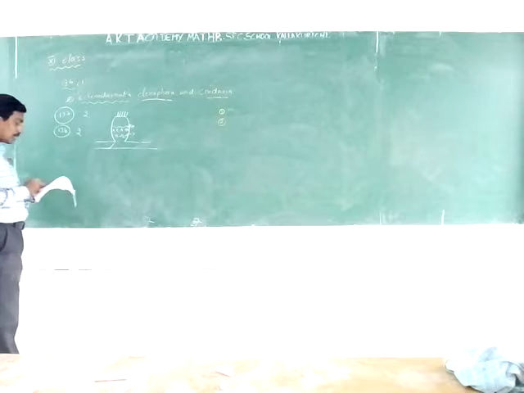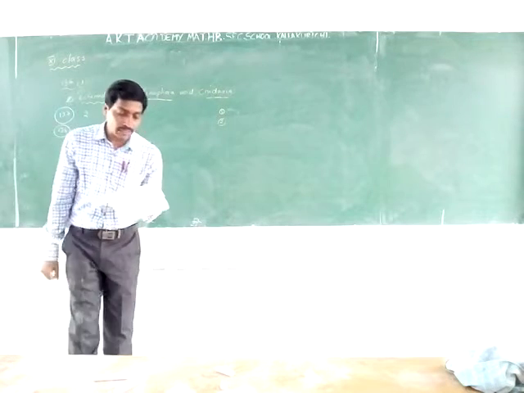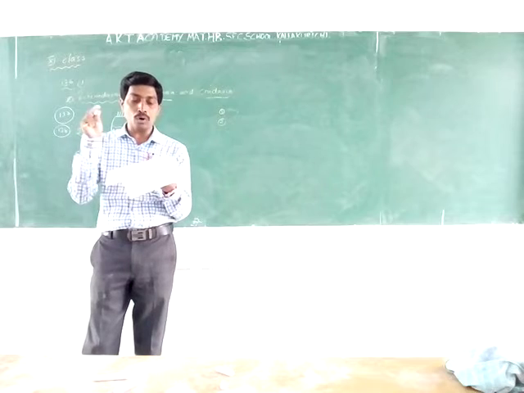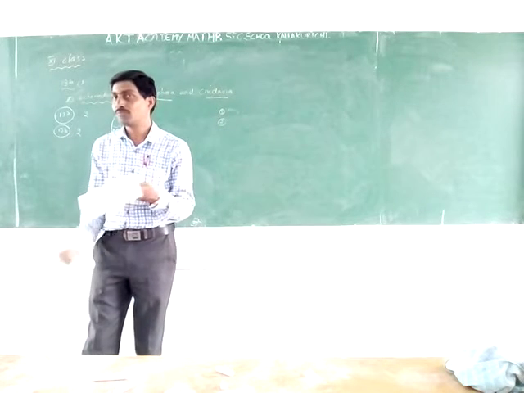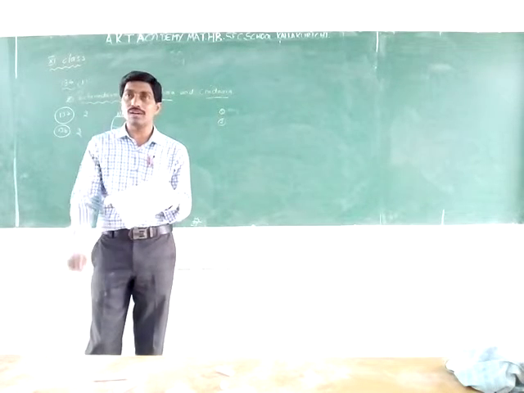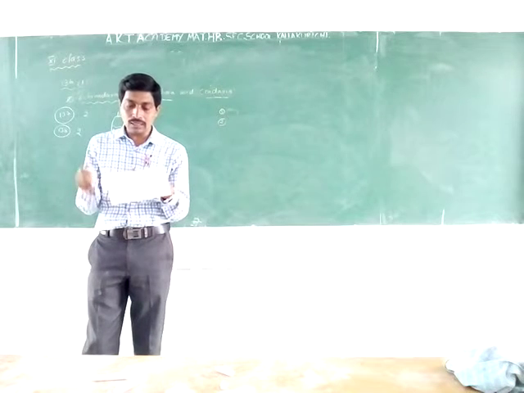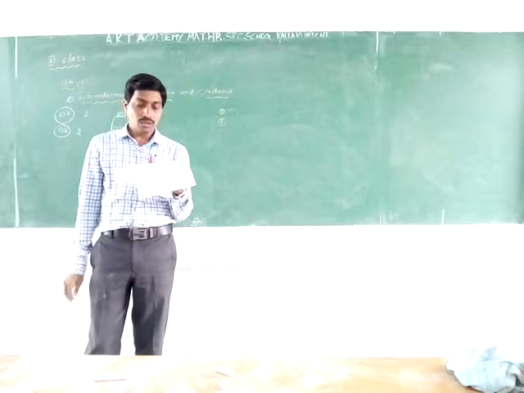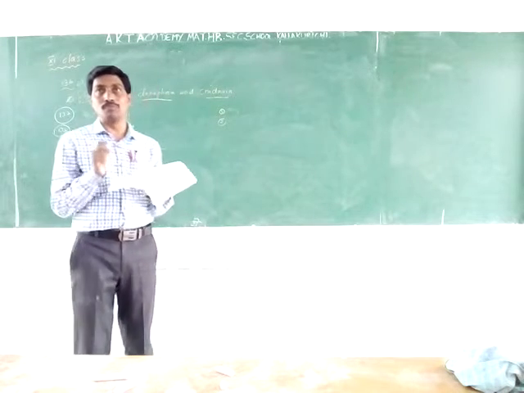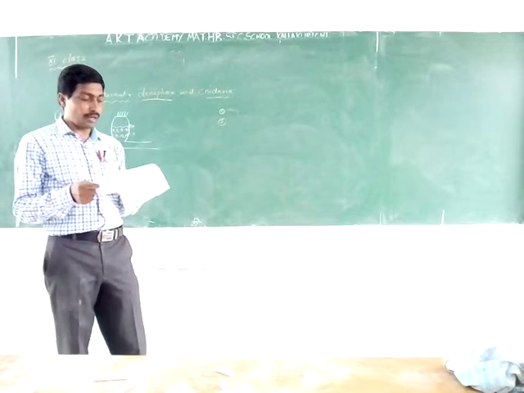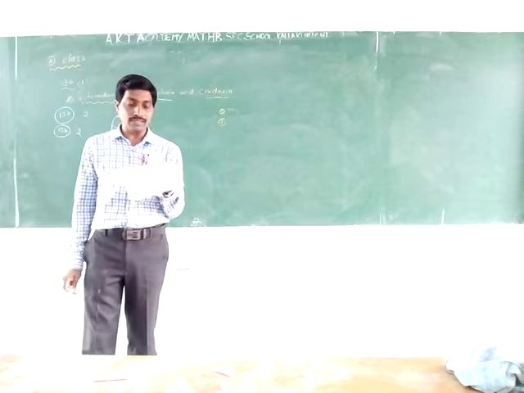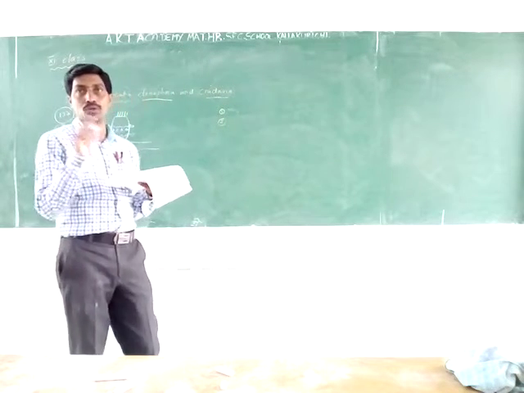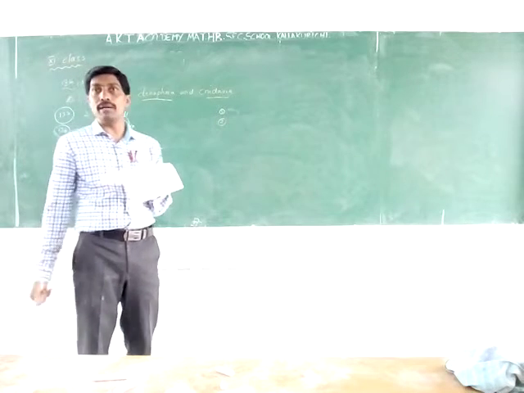The next one is 139. Which of the following statements are true? Mollusca possess cellular level of organization. Mollusca do not have cellular level of organization, so the first option is wrong. The second option: arthropods are true coelomates. Arthropods are true coelomates. Platyhelminths are acoelomate animals.